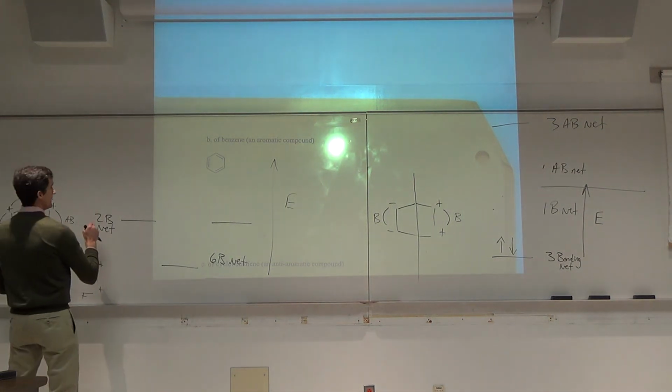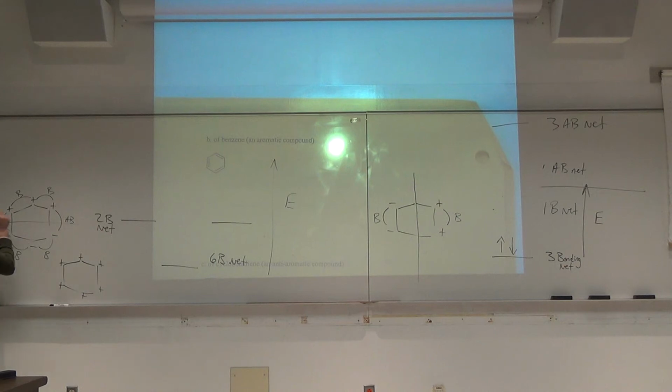Okay, the next one, I'll go up here. How many nodes? 2. Let's do here and here. If this is plus, what is this? Minus, what is this? What is this? See, that has to be no interaction here and no interaction here. What is this?